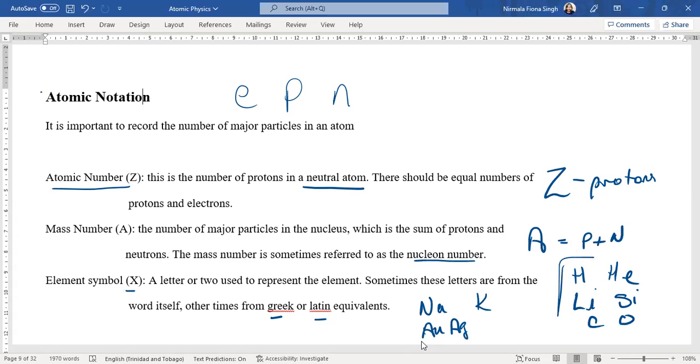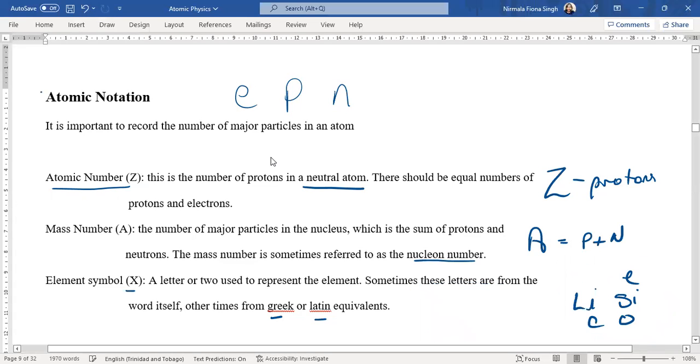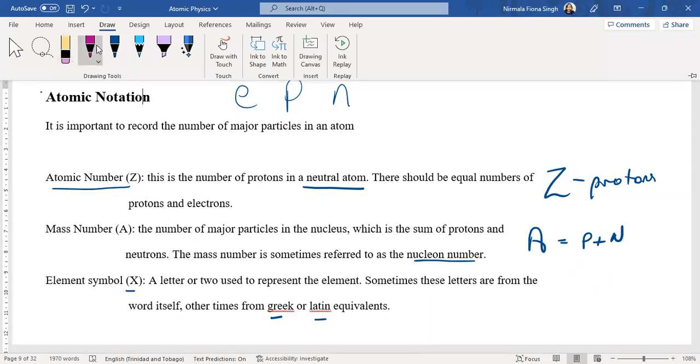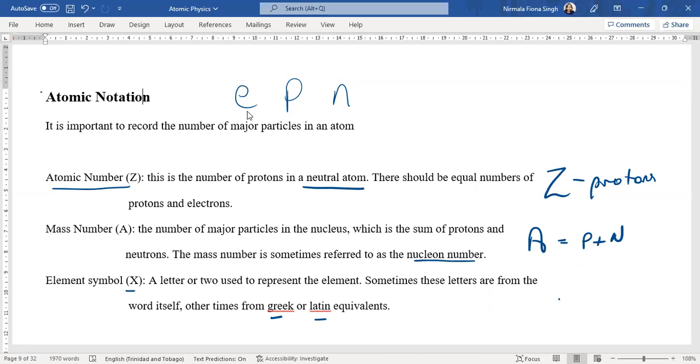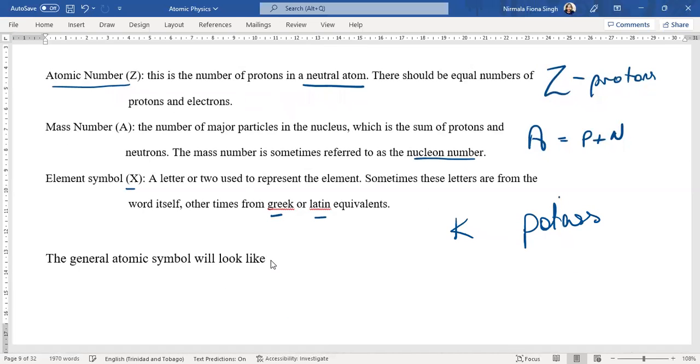Pb is lead. There are some cool stories behind these.